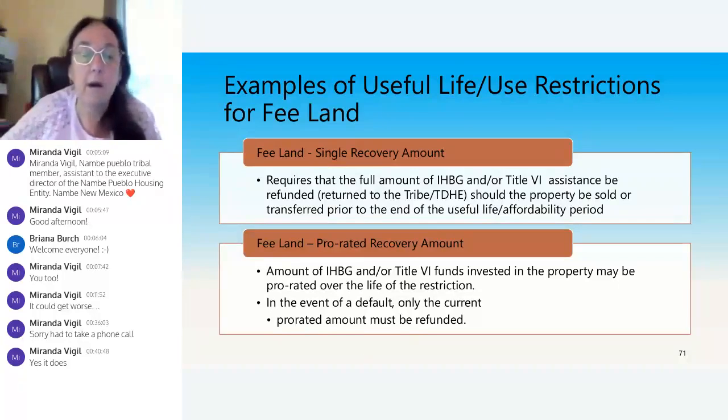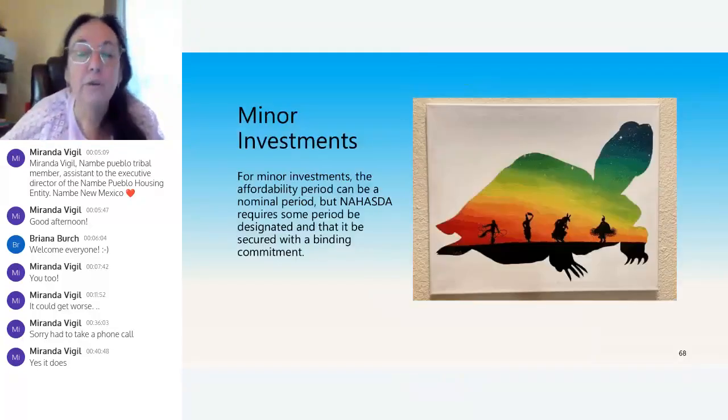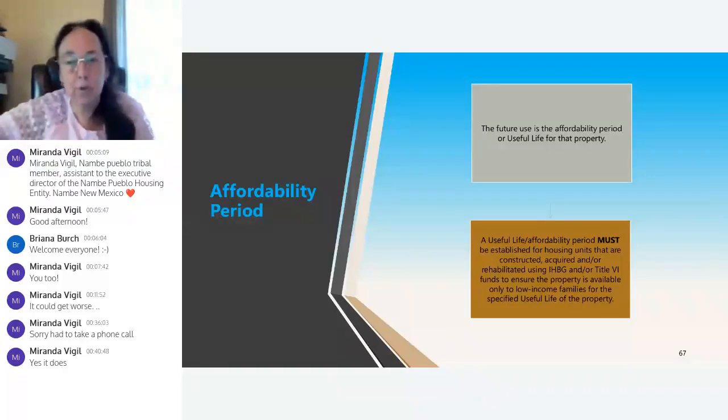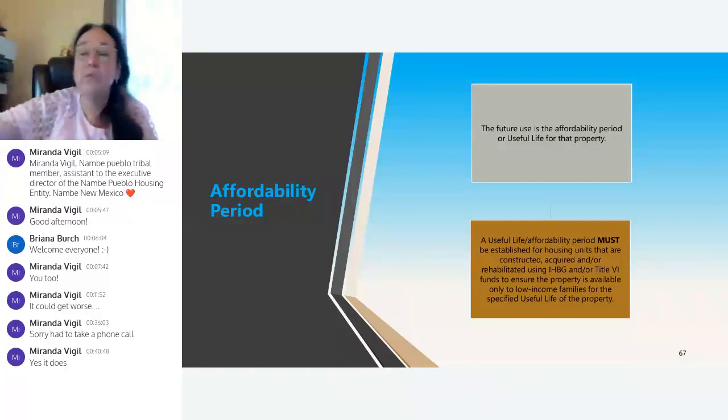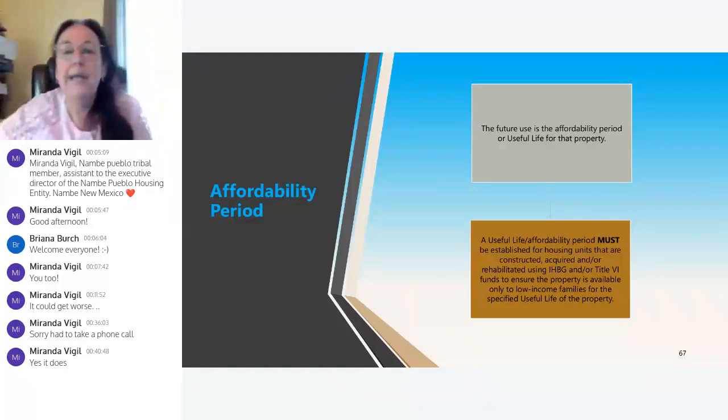So that's one of the things that your governing body is going to have to decide. Your future use is your affordability period, or the useful life for that property. So you have to figure out what you're going to use if you don't like what you have now.